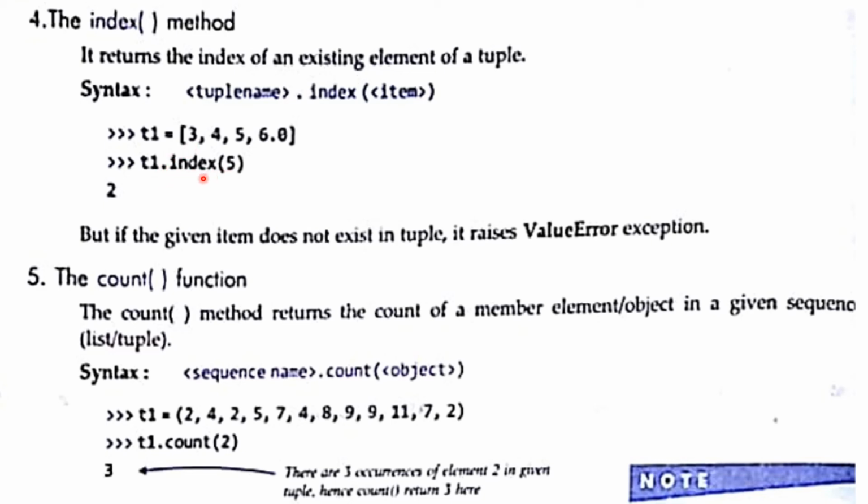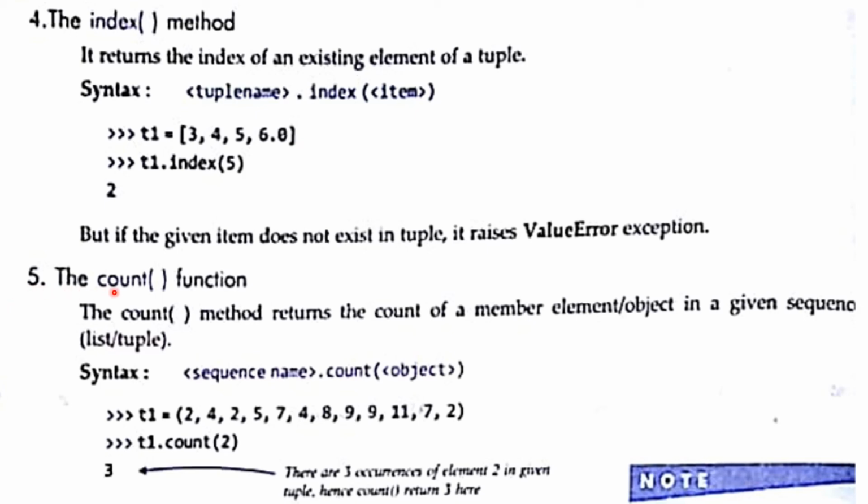Here the element is present at the second index, 0, 1 and 2. But if the given item does not exist in the tuple, it raises a ValueError exception. Suppose the element is not present in the tuple, then it will raise a ValueError exception.